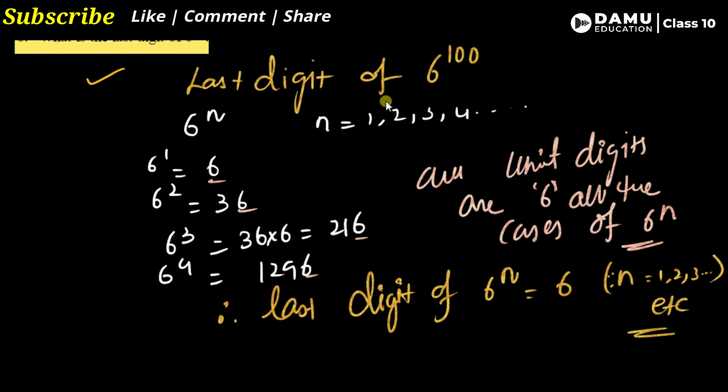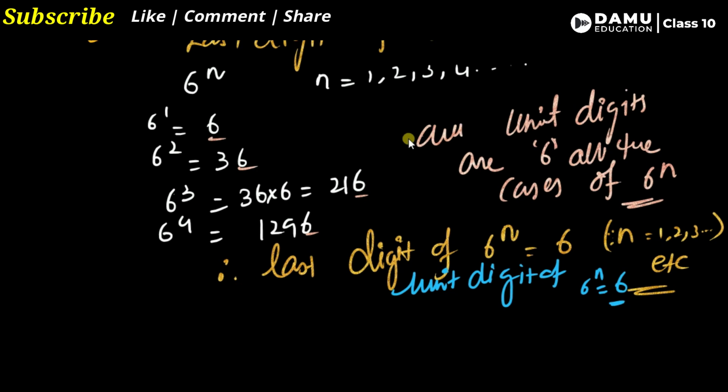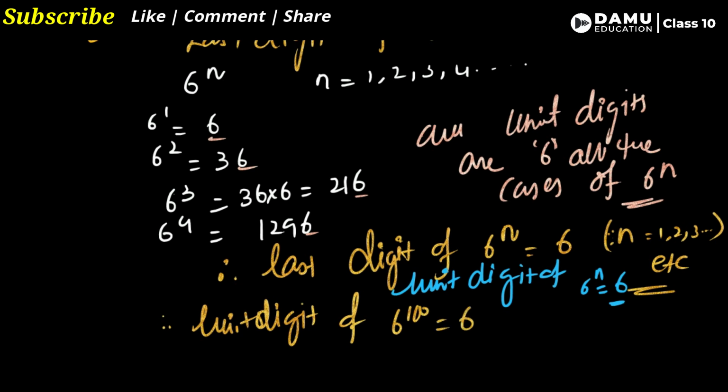The unit digit of 6 power n is 6, so the unit digit of 6 power 100 is also 6. Let's write it: the unit digit of 6 power 100 is equal to 6. You can write it in any manner.